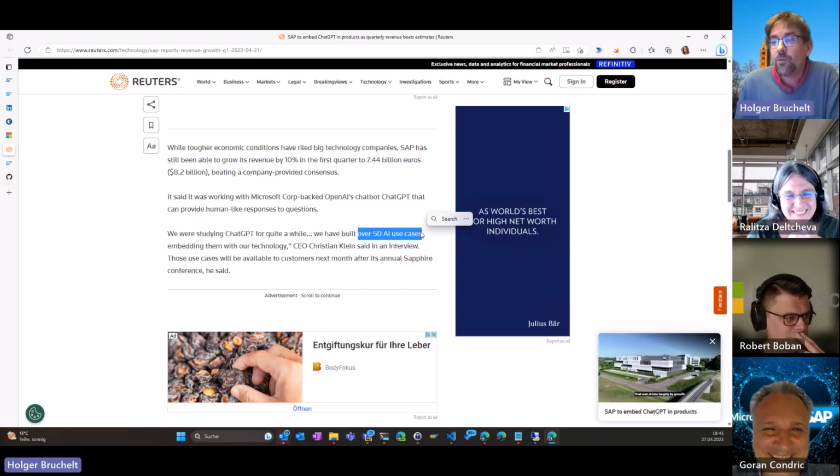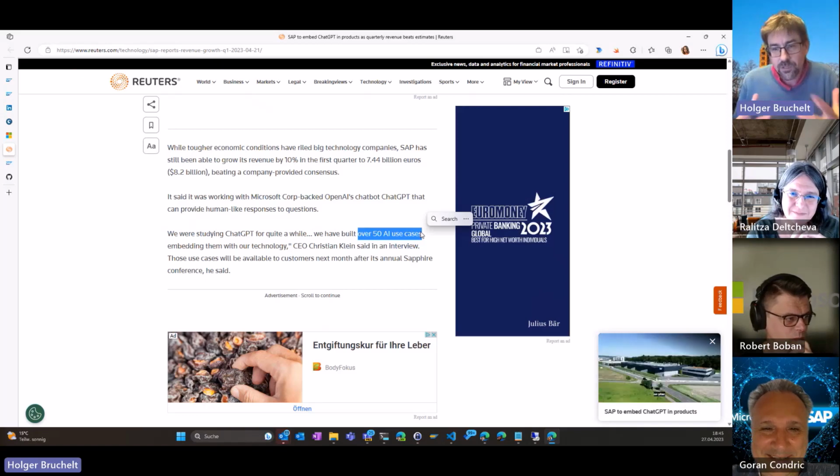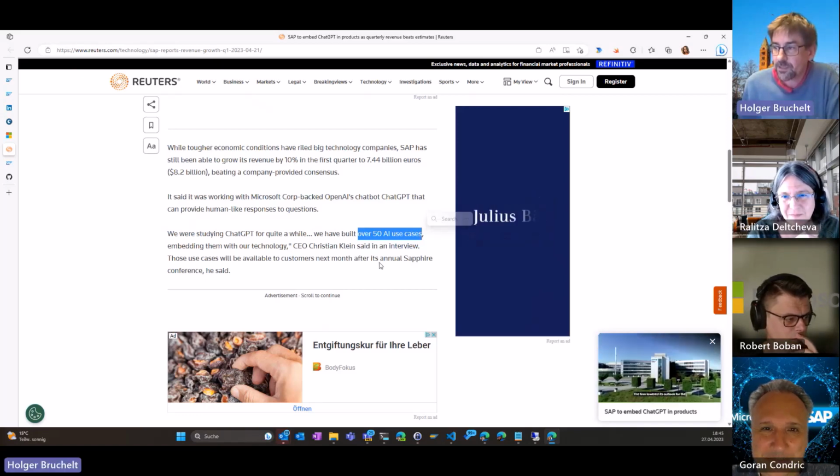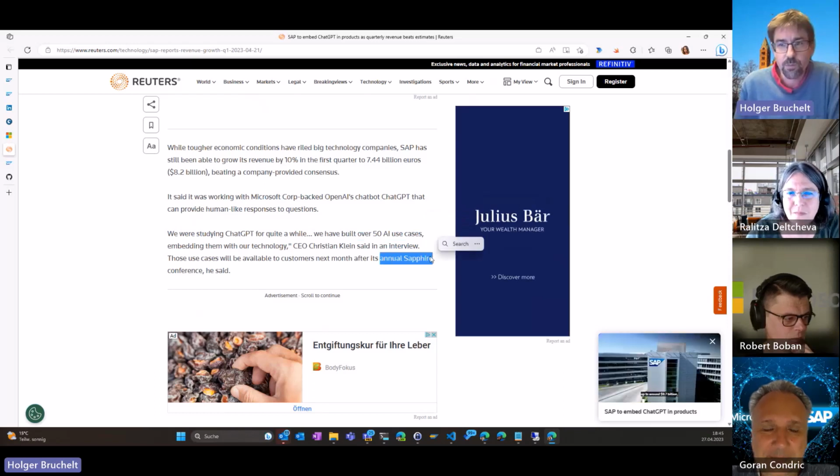But no, he was talking about over 50 AI use cases that they are already implementing, and obviously he didn't share any details, but Sapphire is just around the corner, so that's where we'll probably see a lot of interesting scenarios.